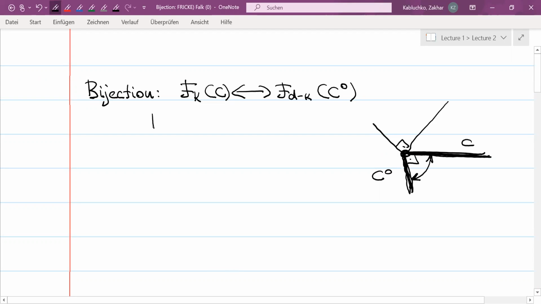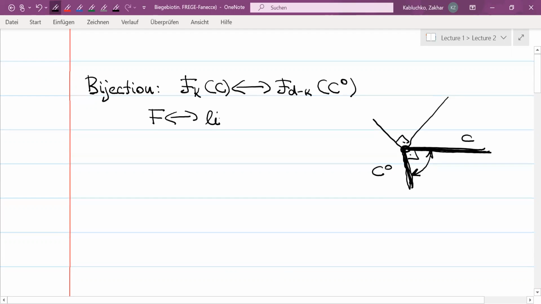Namely, we can map each k-dimensional face of C to the following face of C dual. We take the linear hull of F, take its orthogonal complement, which is a linear space, and then we intersect it with C dual. The claim is that this is a face of C dual, which is maybe not so easy to prove, but I hope it's easy to believe. And it has dimension d minus k because we have taken the orthogonal complement.